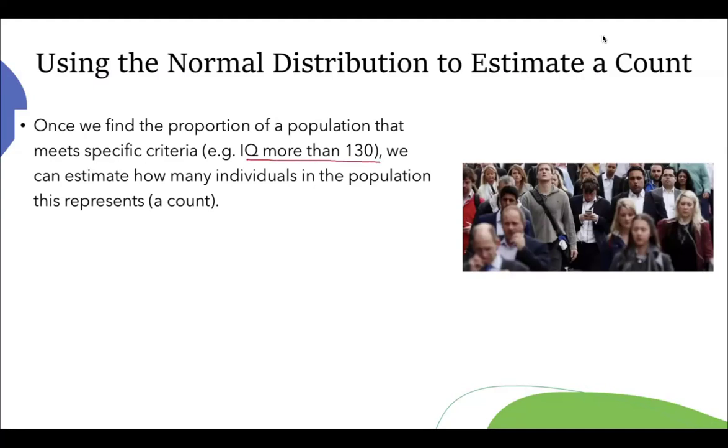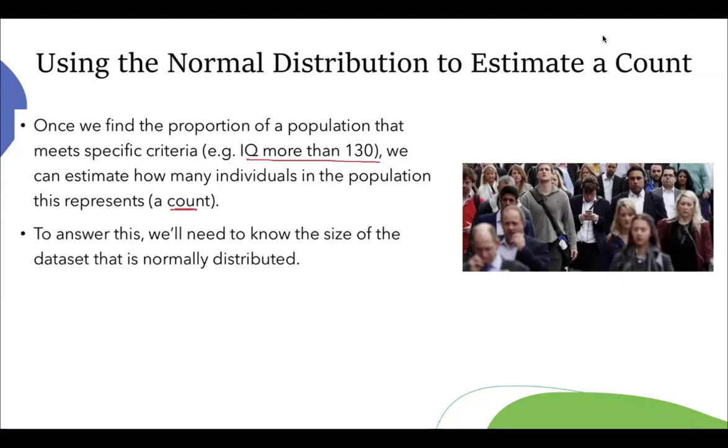Once you have that proportion, you can estimate how many individuals in the population this represents, which is a count of people in the population. But in order to do this, you need to know the size of the total population. Okay, you need to know the size of the data set that's normally distributed.